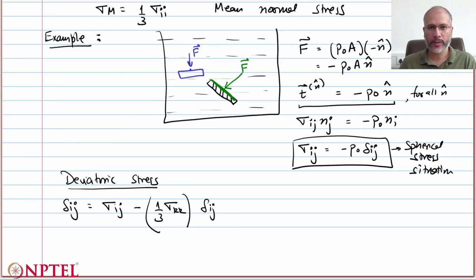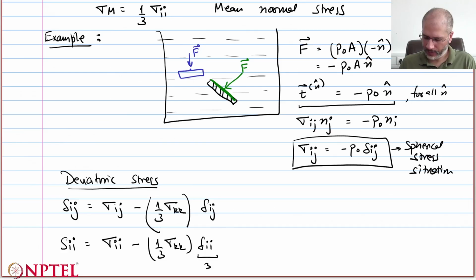And if I apply contraction on this, let's check that. If I do Sii, that becomes sigma ii minus 1/3 sigma kk times delta ii. Now delta ii is a 3, so this 3 and this 3 cancel, and this becomes sigma ii minus sigma kk, which is a 0.